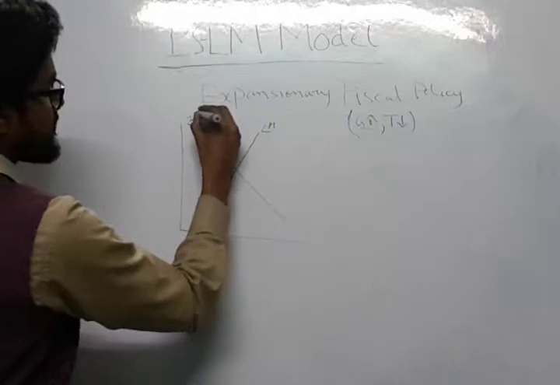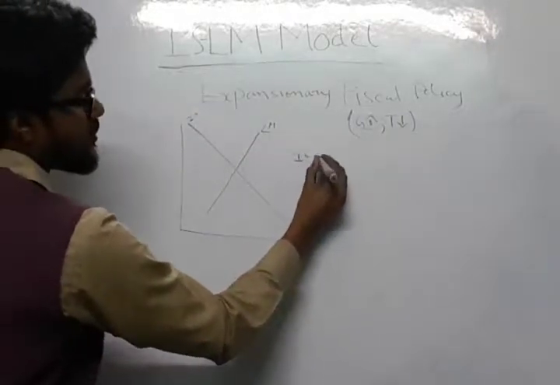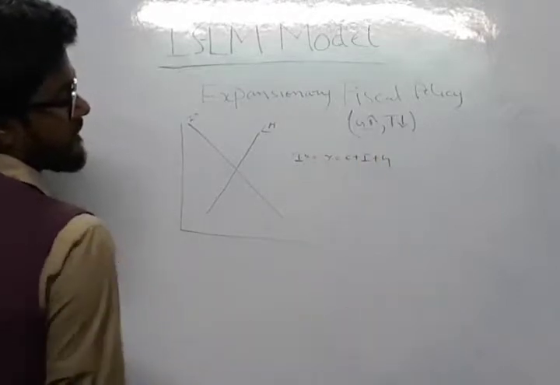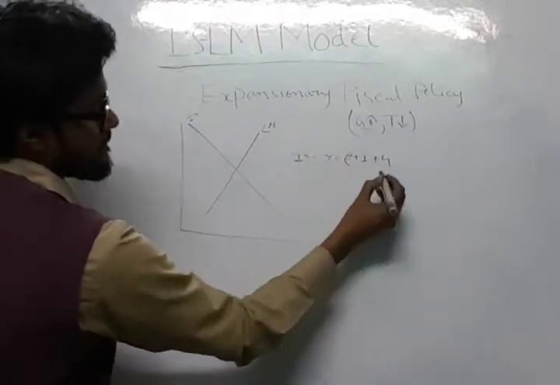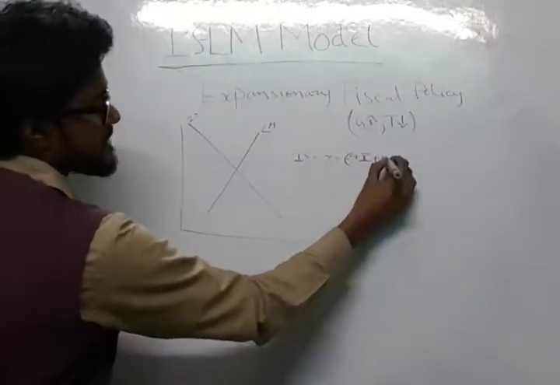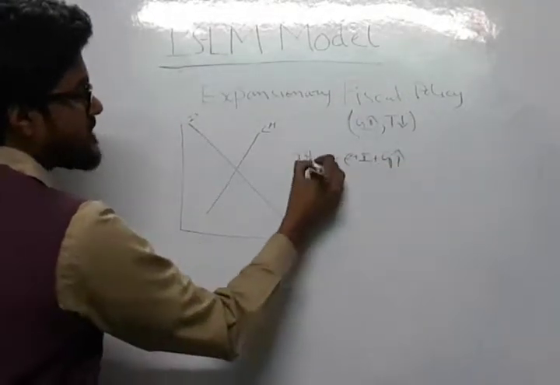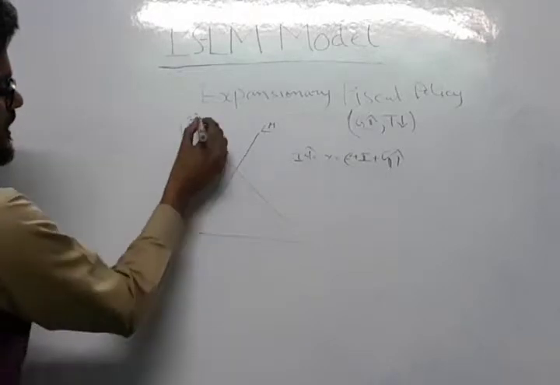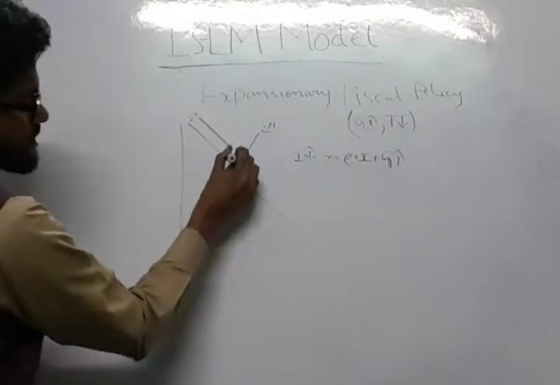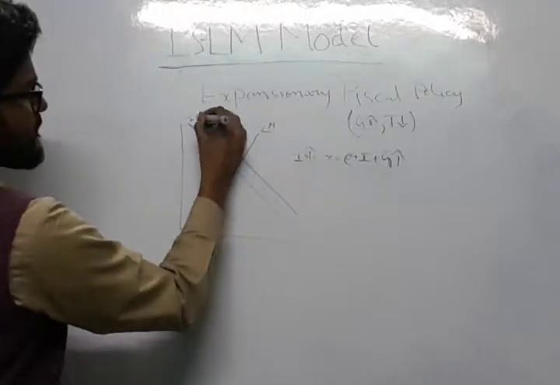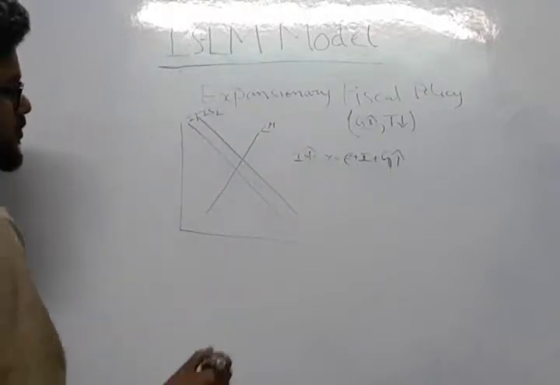And this is the IS curve, and the IS curve equation, as you know, is Y equals C plus I plus G. Now when G increases, the IS curve shifts rightward, from IS1 to IS2.